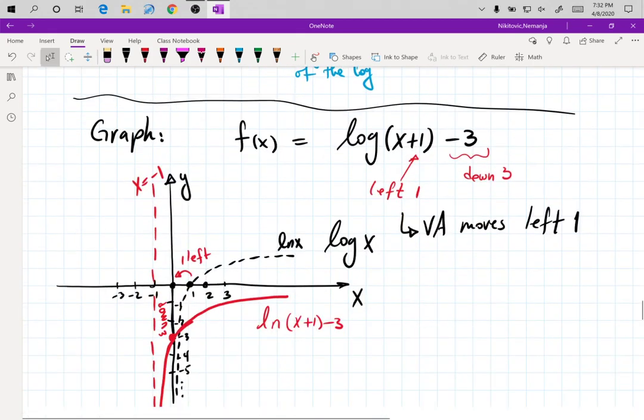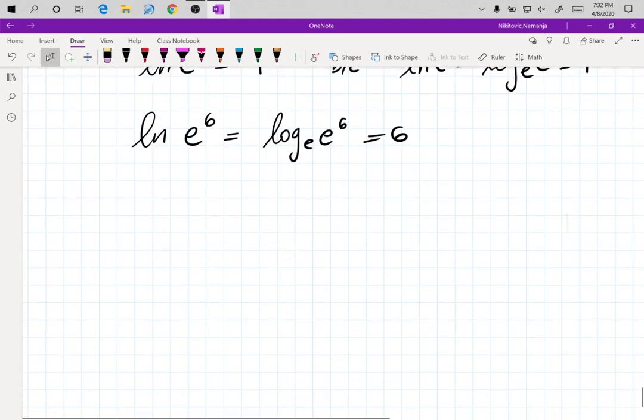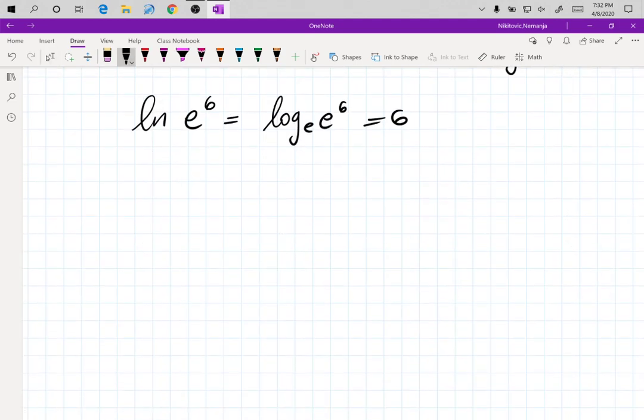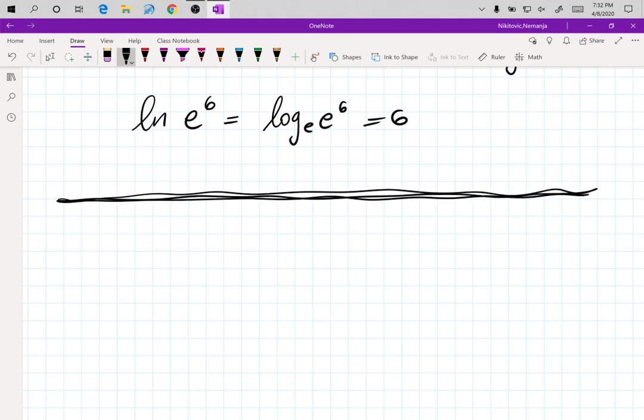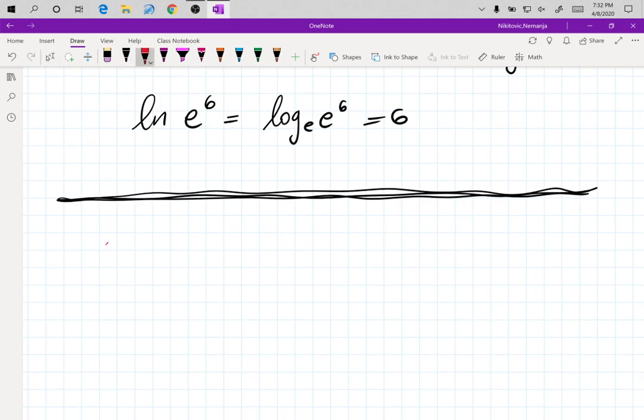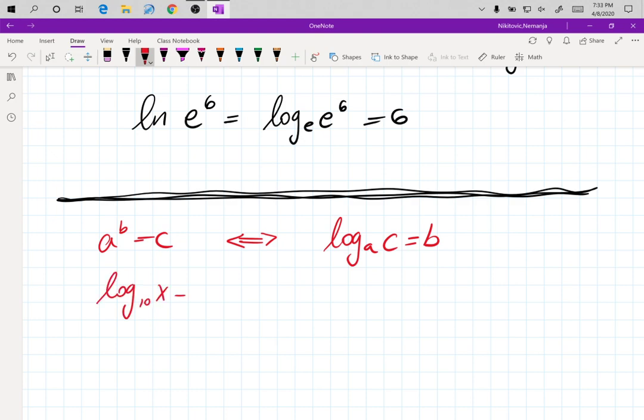In terms of logs, what I'm going to do on the bottom over here is just put all of the formulas on the pile. So first of all, a raised to the b equals c converts into log base a of c is b. We said that log base 10 of x is just log x, and we are using log on the calculator.